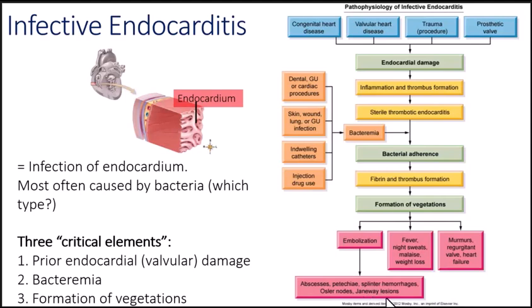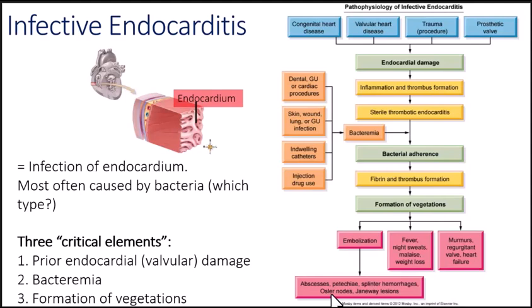Janeway lesions are these non-painful hemorrhagic lesions that you would see on a person's palms and the soles of their feet. And Osler nodes are painful red raised lesions that are found on the hands and feet.